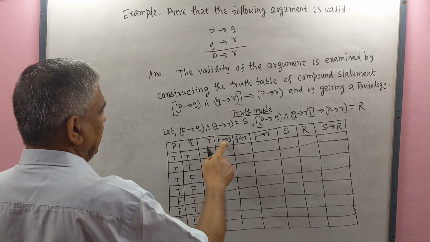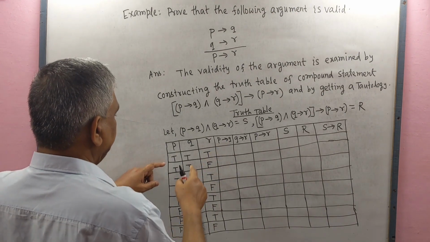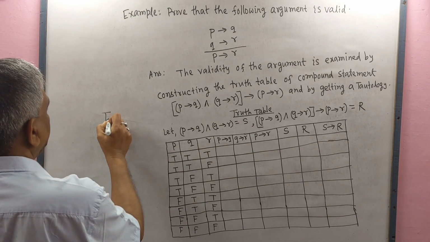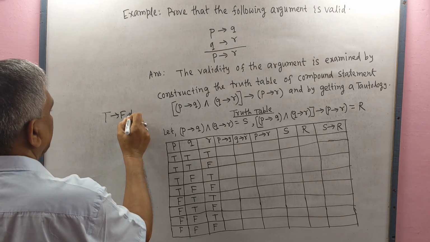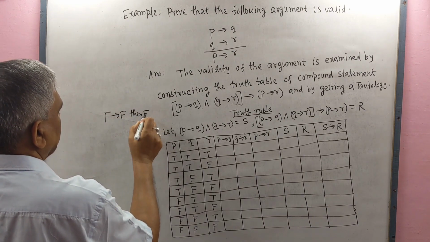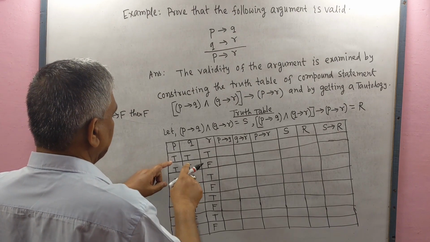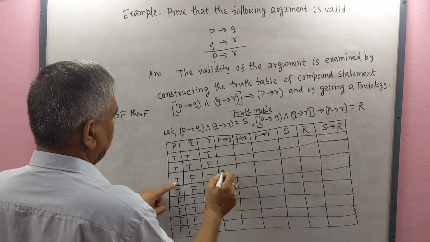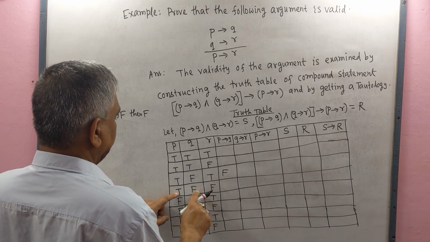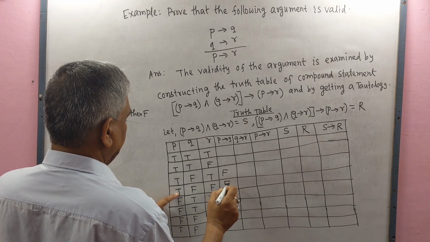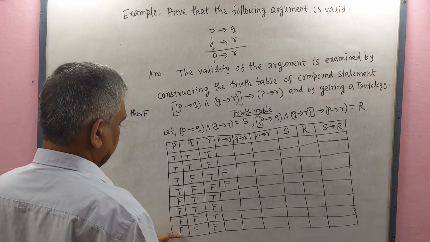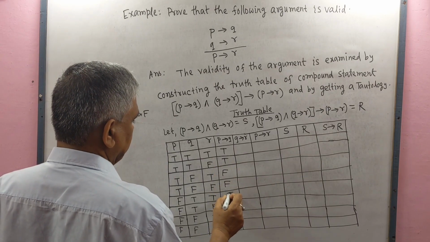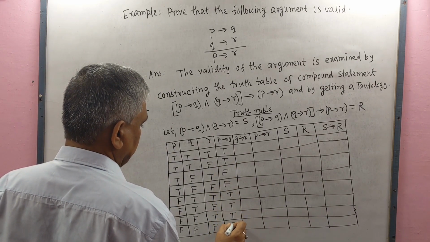Now P → Q. In implication, T, F gives F. Here TT, TT, then TF gives F, here TF gives F, and where there is no T in the first column, the rest will be T.